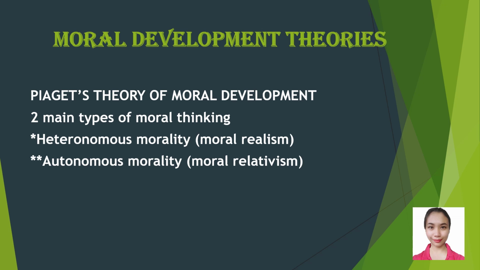So in the first type of moral thinking, class, yung heteronomous morality, morality is imposed from the outside. So, ibig sabihin, may rules na nakaset na ibinigay ni parents, may rules sa kanilang school, at meron din silang rules na sinusunod for their religion.